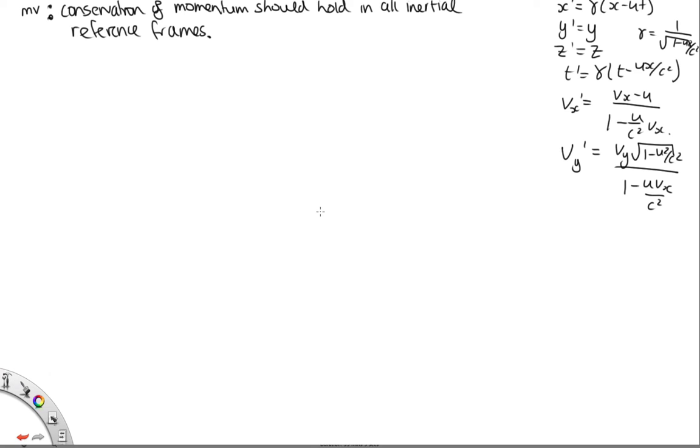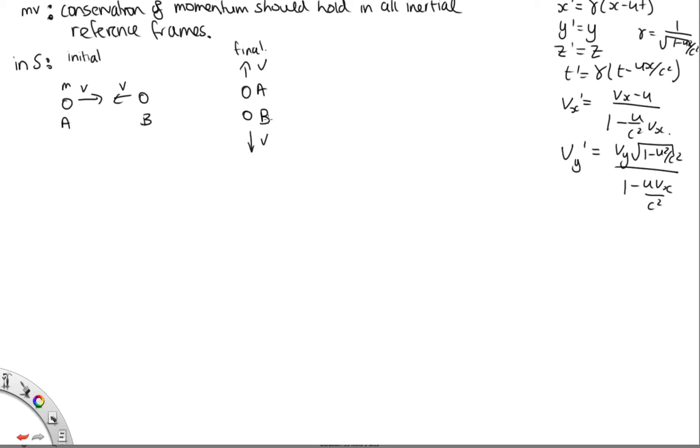So let's consider a collision. Imagine that in frame S, we have a particle here A and a particle here B. They both have the same mass m, and are travelling towards each other with speed v. Now after the collision, here's particle A, here's particle B. They're now moving away from each other in the vertical direction with speed v.